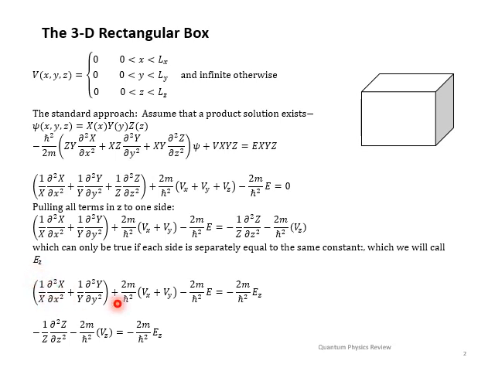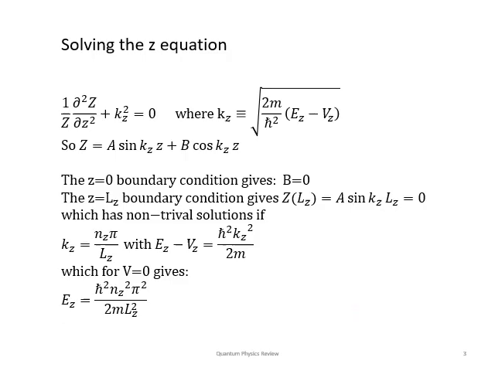And that's what we have done here. So the differential equation that remains is this one here, function of z, the profile in the z direction of the potential, and the energy for the problem, the constant E sub z, as the solution.